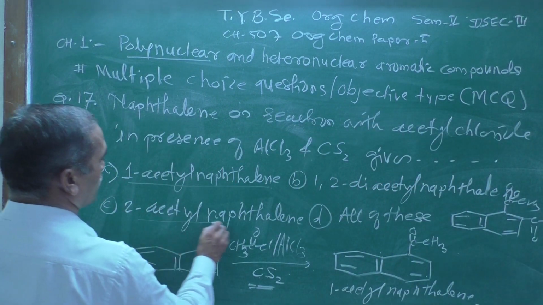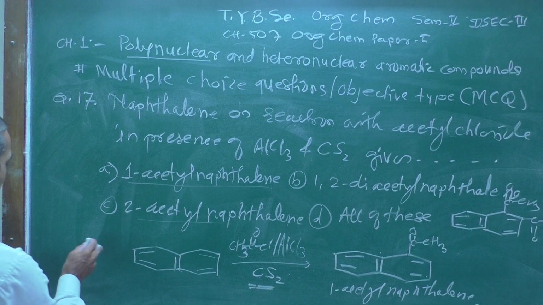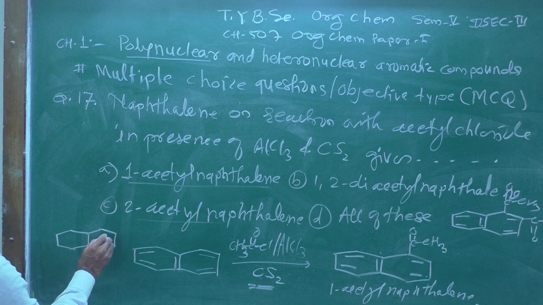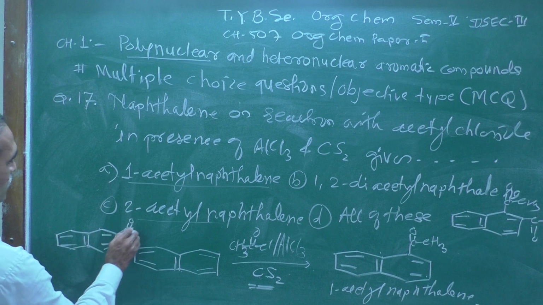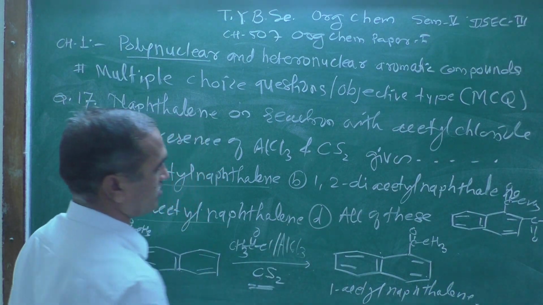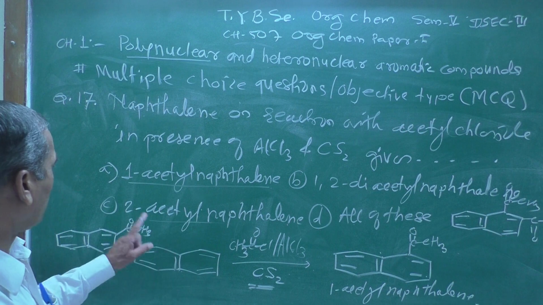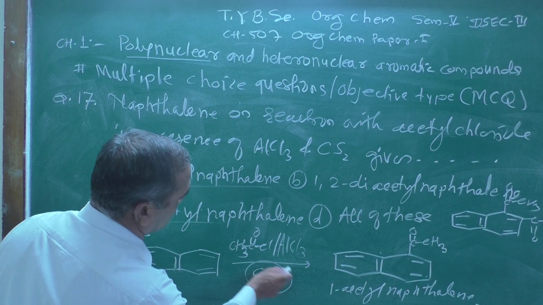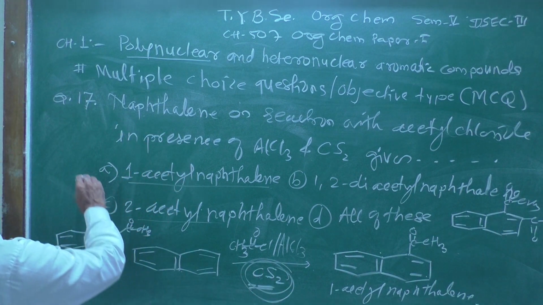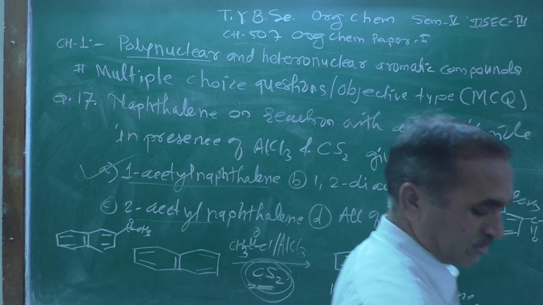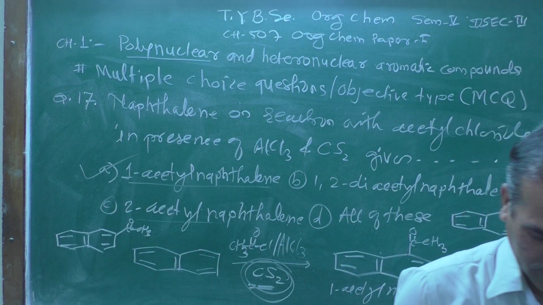And 2-acetyl naphthalene, the structure which I am showing you over here, so you can clearly see two position C=O CH3. Now look at here, only exclusively in presence of CS2 we are getting only 1-acetyl naphthalene. That is the correct answer.